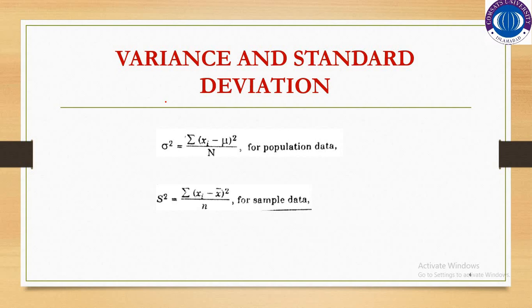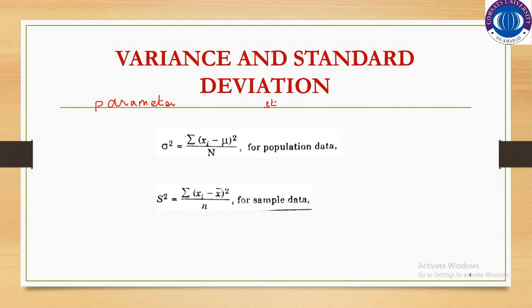To study the characteristics of the data set, we have two types of measures. One is parameter, and the other one is statistic.